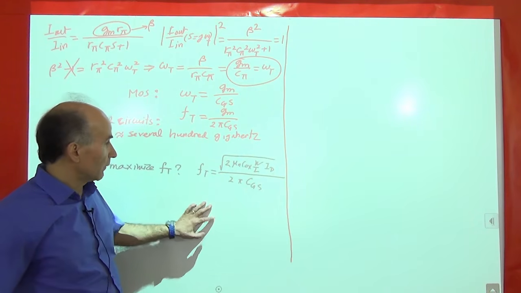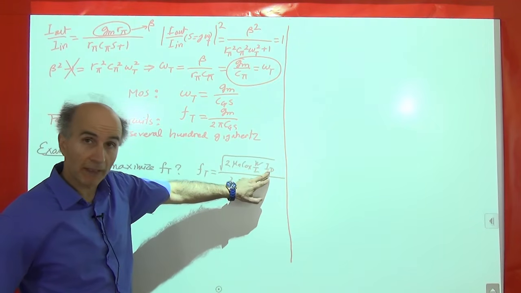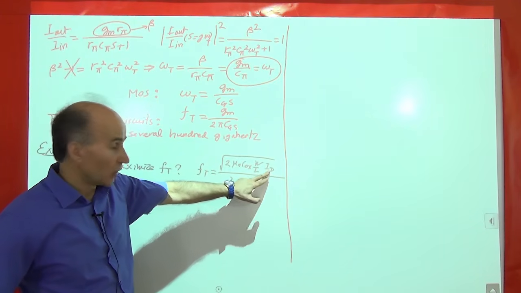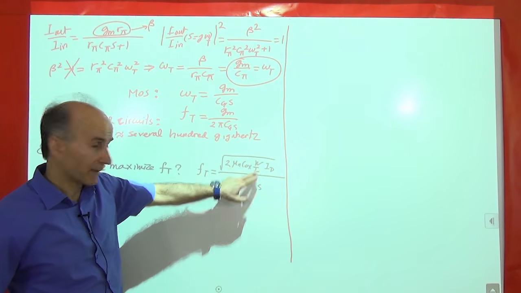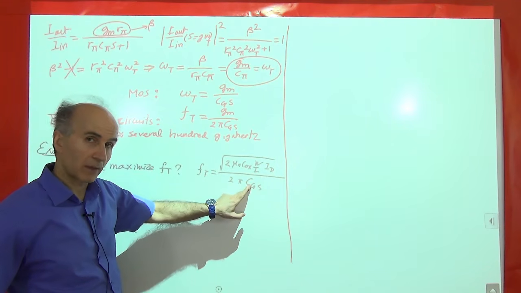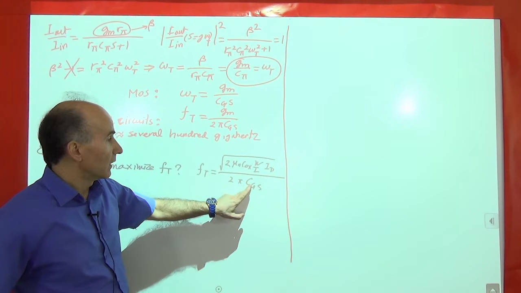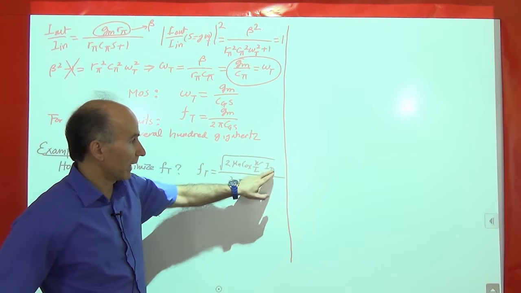So, if I really want to maximize Ft, my best bet is to increase the drain current, the bias current of the device. Not W over L, because as I increase W over L, the capacitances of the device also increase. So that's not the proper approach to do it, right? So to maximize the Ft of a device, we would try to maximize the bias current.